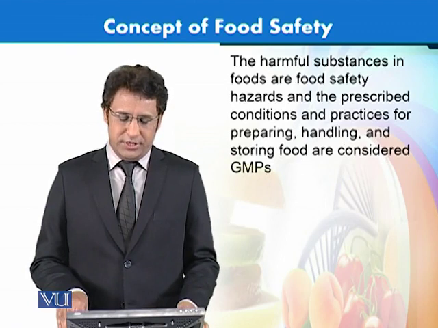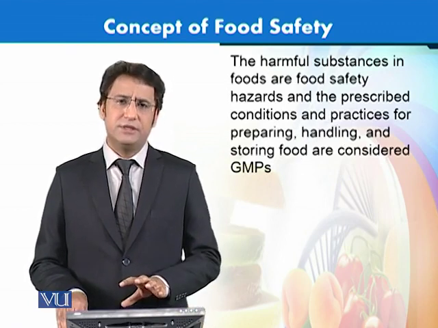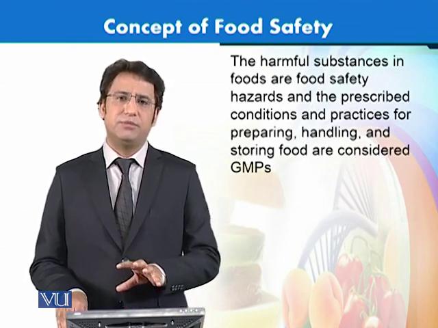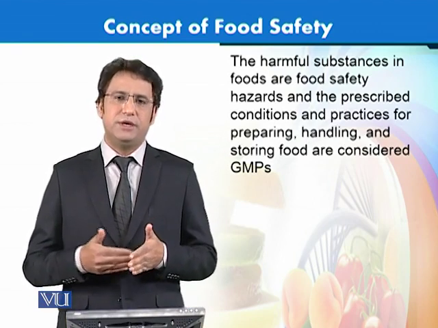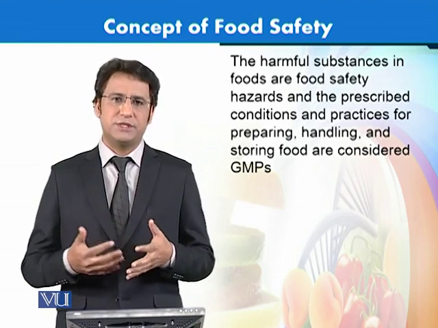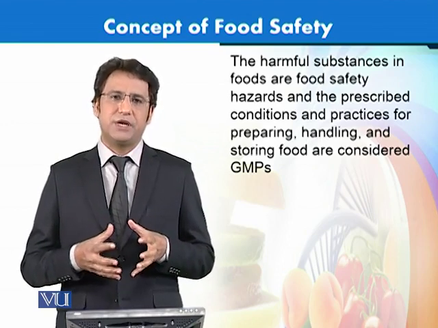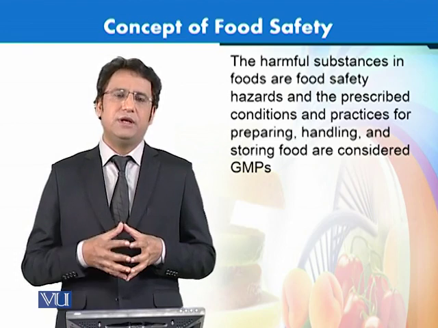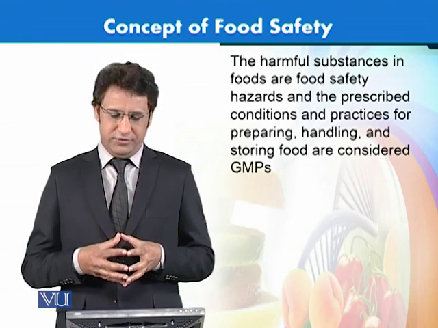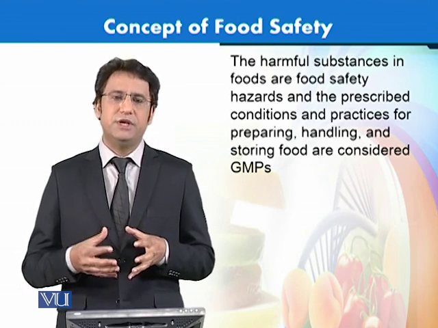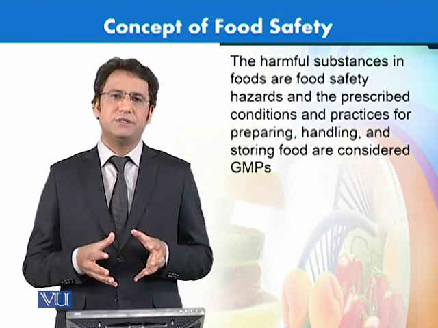If we talk about how we can actually do this, the storage, cooking, distribution, or processing, all of these practices done upon food, when they are done in a very controlled fashion and under sanitary conditions, there is a method called GMP.